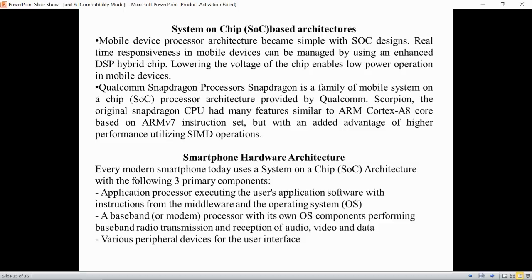SoC based architectures are like Qualcomm Snapdragon processors. They use a system on a single chip, and they also use the same ARM Cortex. Even though they are SoC, they still use the ARM concept. In smartphone hardware architectures, there are different things. We have OS, we have SoC.